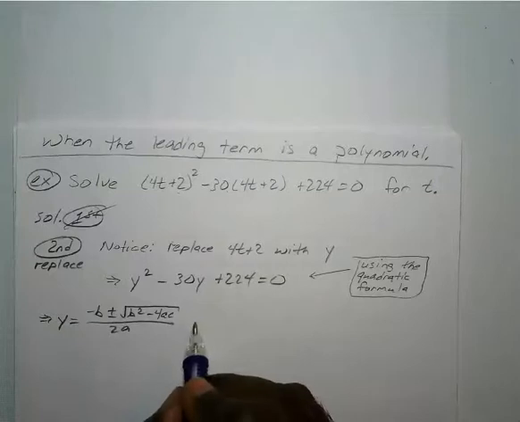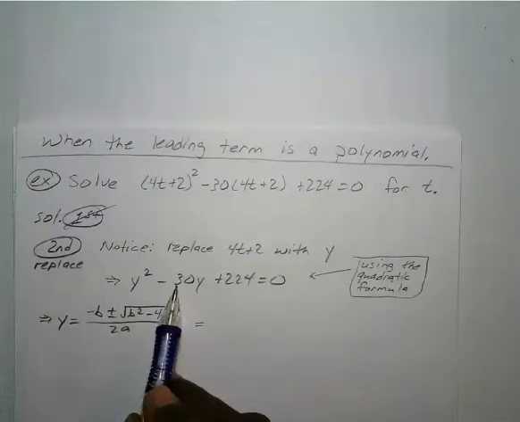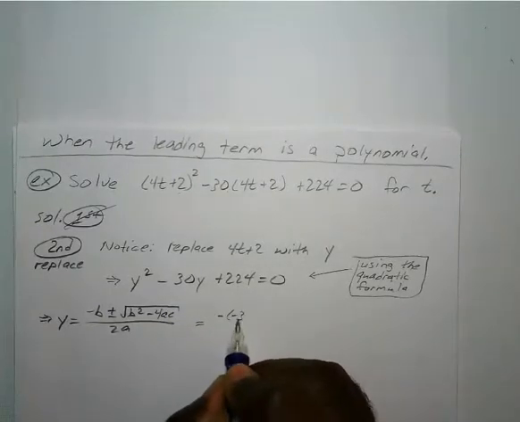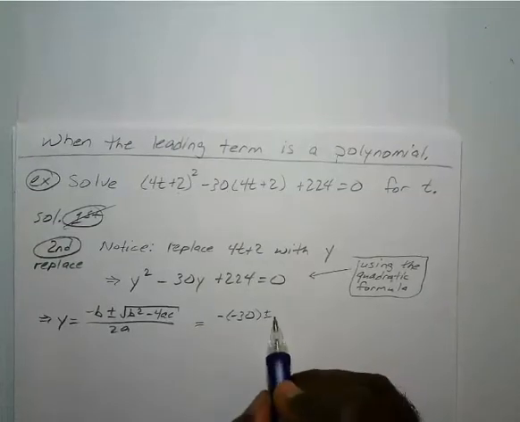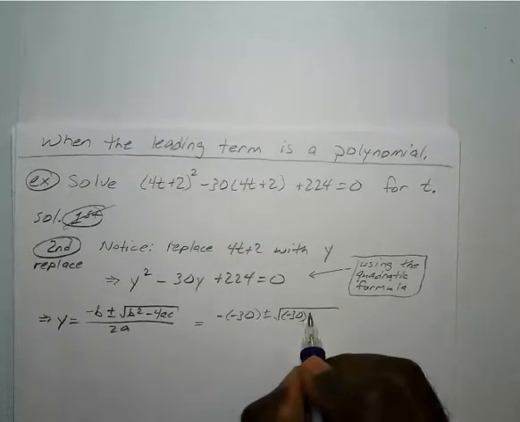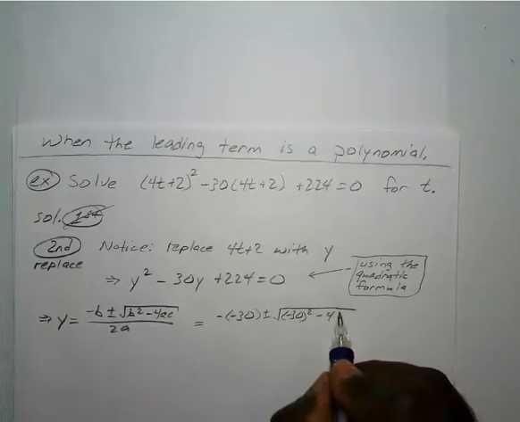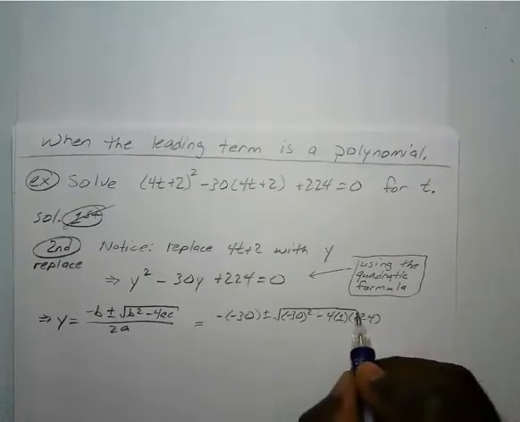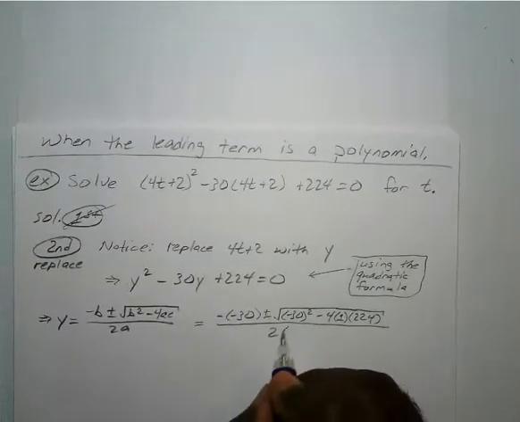So we're going to go ahead and replace those. Negative b, that's negative 30, plus or minus the square root of b squared, so that's negative 30 squared, minus 4 times a, which is 1, times c, which is 224, all over 2a, which is 2 times 1.